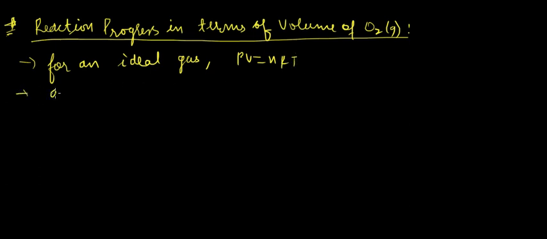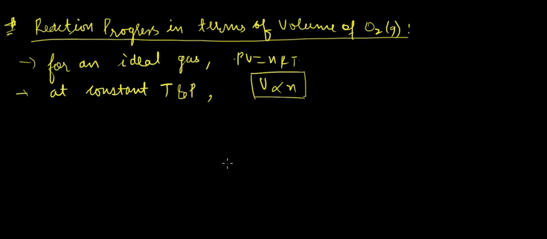So at constant temperature and pressure, P, R and T are already constant, so we can directly write V is directly proportional to n. In this case, V of O2 would be directly proportional to the number of moles of oxygen.